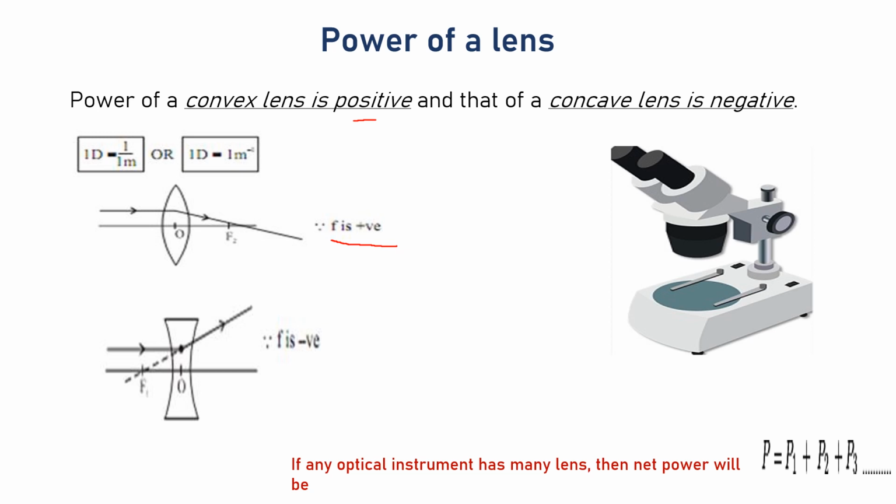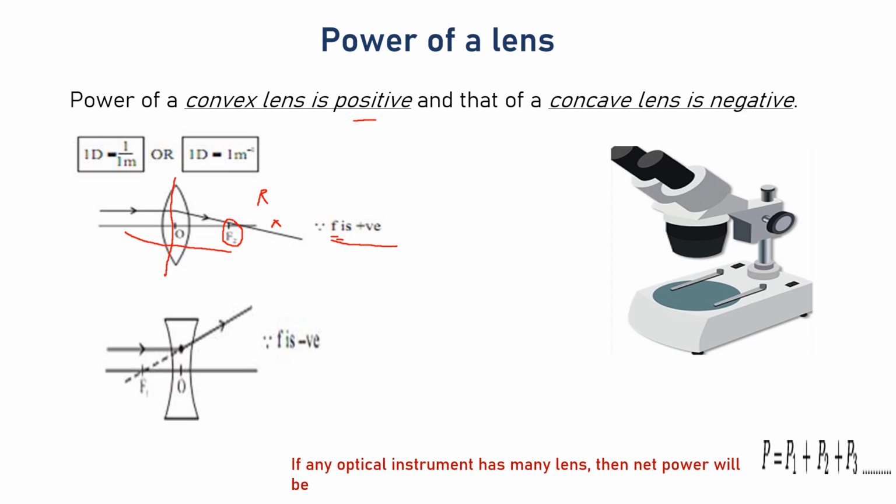Clear? And one more thing, this f is on the right hand side. If this is a Cartesian plane, then this will be on the x-axis. So this f is on the right hand side, which is positive. That is why the power of a convex lens is considered positive, right?